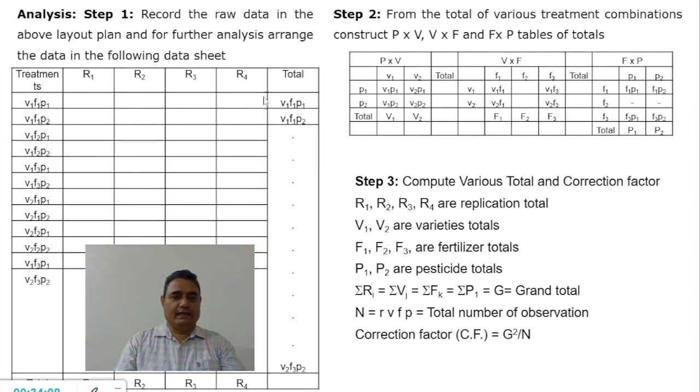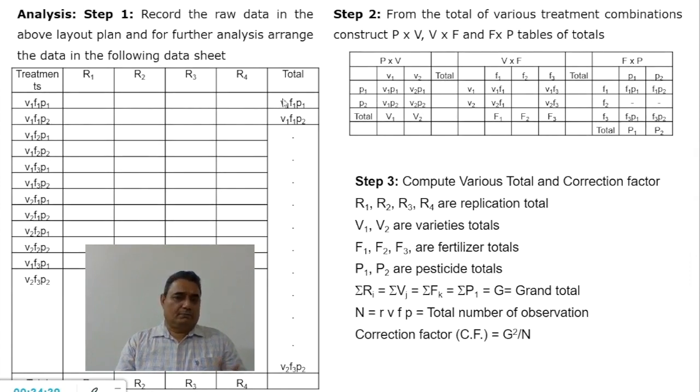If I add either rows or columns, I will get the grand total. After doing this, in the second step, I have to prepare three interaction tables: the P into V table, in which the totals are listed, the V into F table, whose totals are also computed, and the F into P table, whose totals are computed.